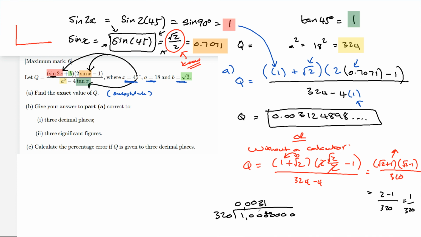And it's going to go into the remainder 80. Then it goes into 800 twice, because 320 times 2 is 640, and it becomes 160. And then it becomes 1,600, so it goes into there 4 times. And then the remainder is 320, 640 times 2 is 1,280. So 1,280, etc. And then you can see that number is starting to form. And this is without a calculator.